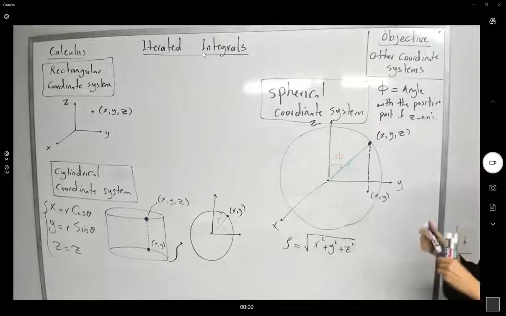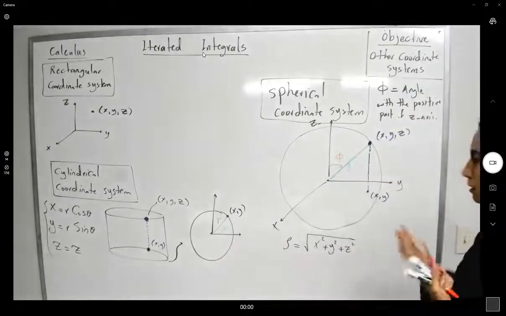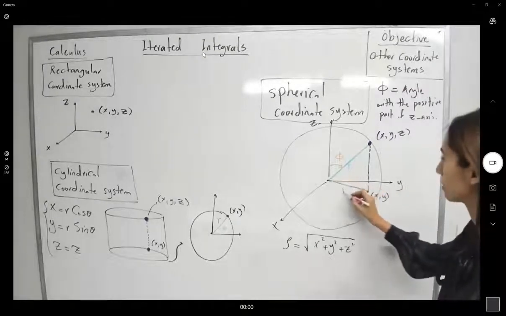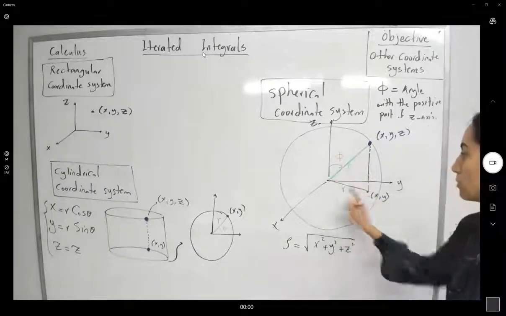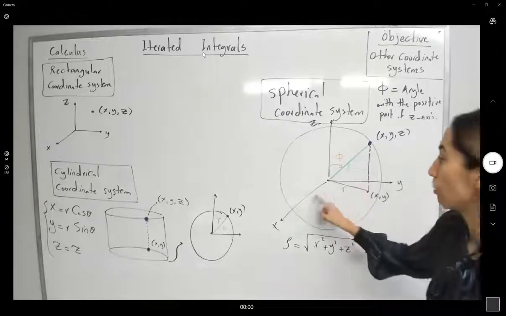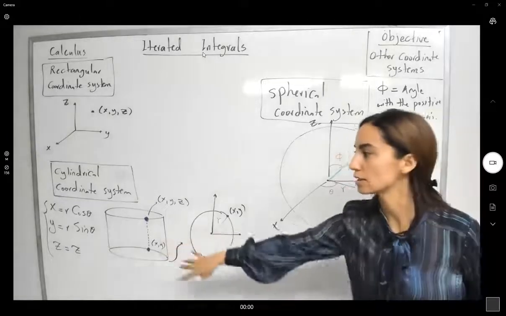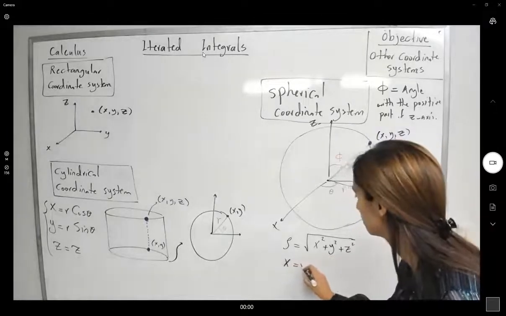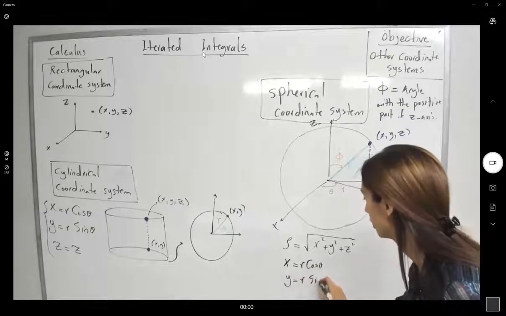Well, like before, you're going to have a distance in the xy plane, right? In the xy plane, this is your r. As before, the angle between your point and the positive side of the x-axis is called theta. Everything is the same as before. So x is r cosine theta and y is r sine theta.